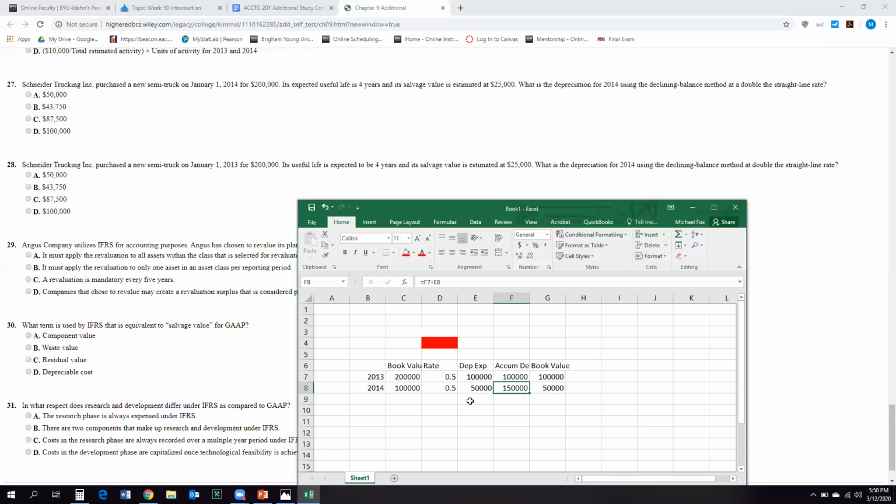No, but that wouldn't be the straight line because the straight line counts for salvage value. And if I do 200,000 times 1/4, that gives me 50,000. Right, but that's not the straight line. We're not doing straight line here.